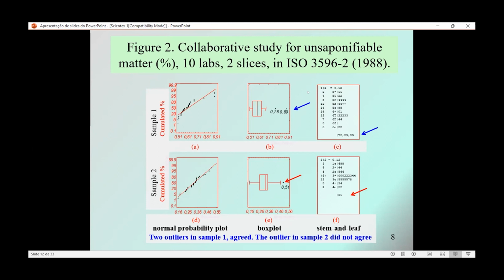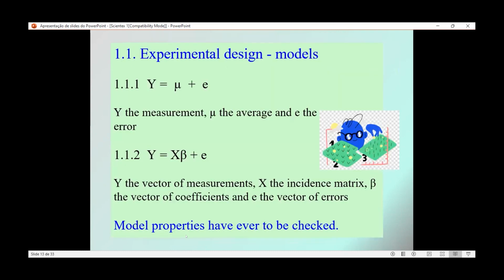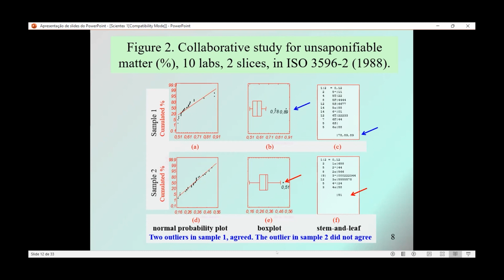Both box plot and stem and leaf presented 0.51 as an outlier in sample 2. For sample 1 we had the same agreement, but the outlier in sample 2 did not agree with those results published by ISO.